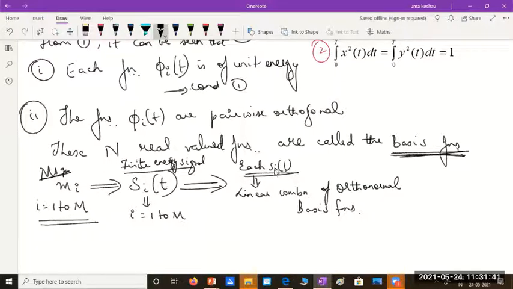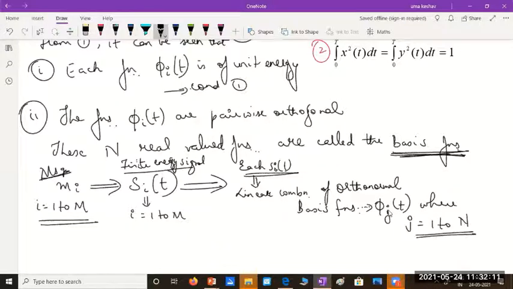Every Si we are going to represent as a linear equation containing orthonormal basis functions, in the form phi j of t, where j ranges from 1 to n.